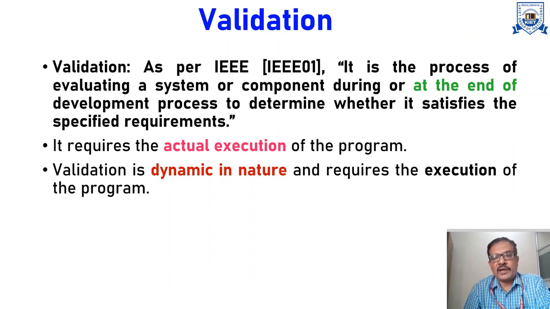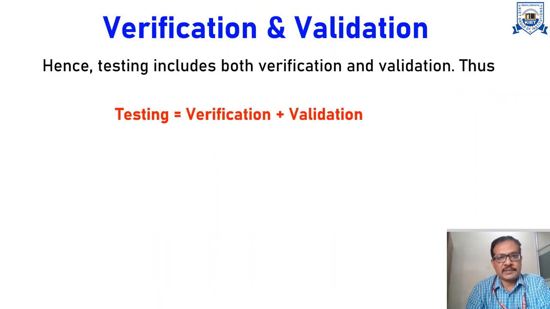Whenever we talk about the testing phase itself, that is nothing but your validation activity, whereas the review of all the documents generated during the development of the software is called verification activities. Hence, testing includes both verification and validation. Thus we can say testing equals verification plus validation.